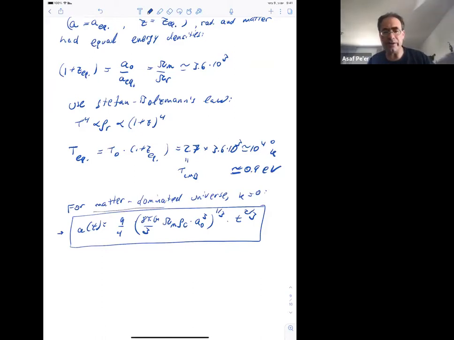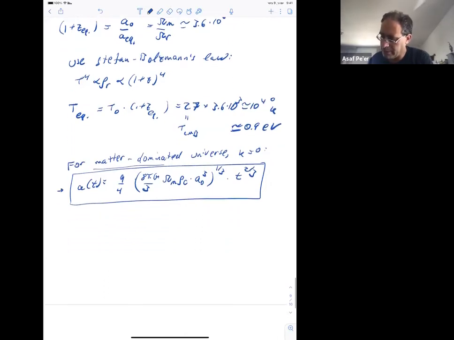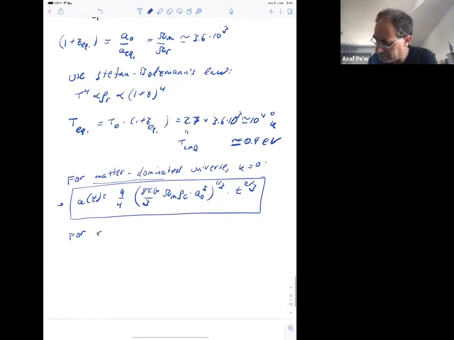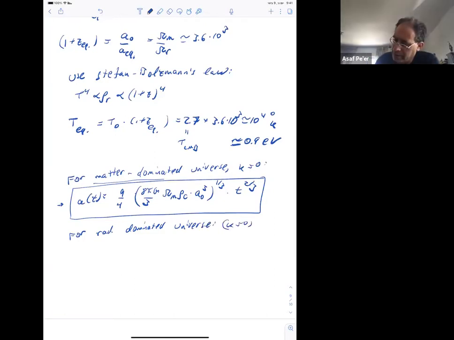For radiation-dominated universe, we get, again, now rho goes as a to the minus 4. Again, k is equal to 0. We end up that a of t is equal... That's the guy. My apologies.